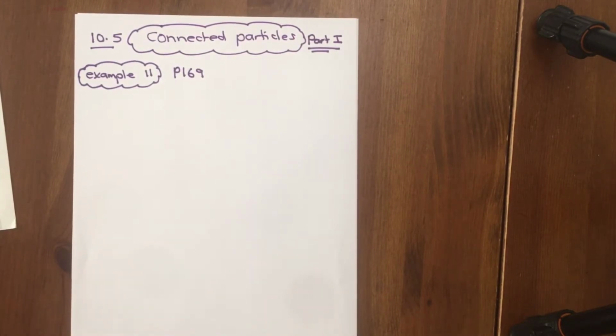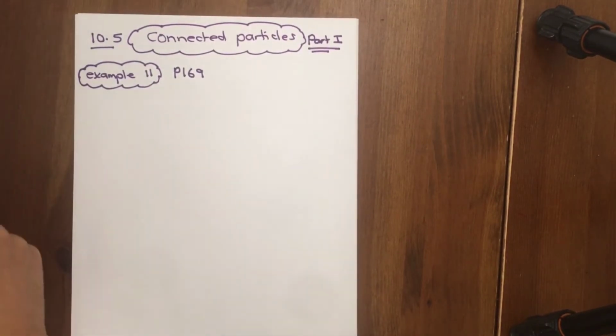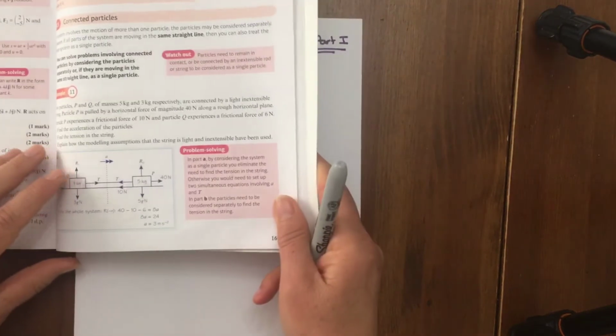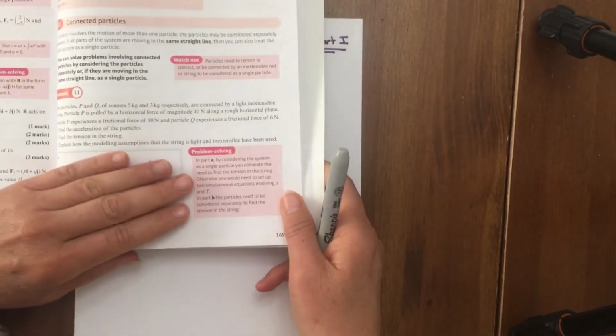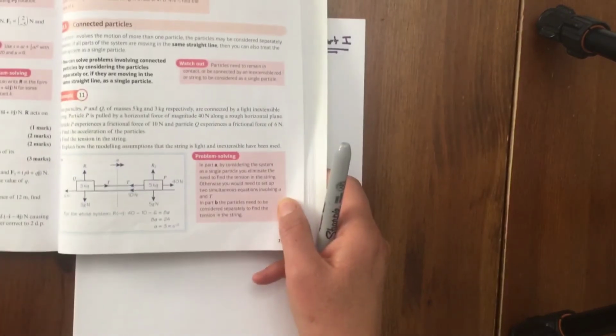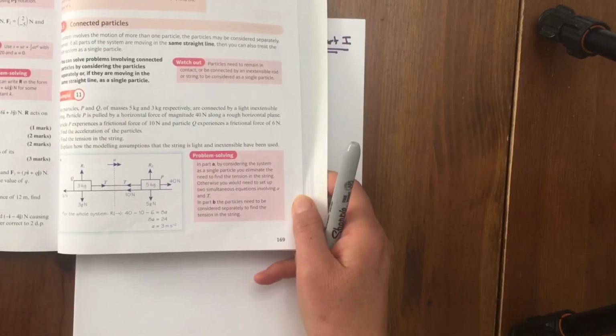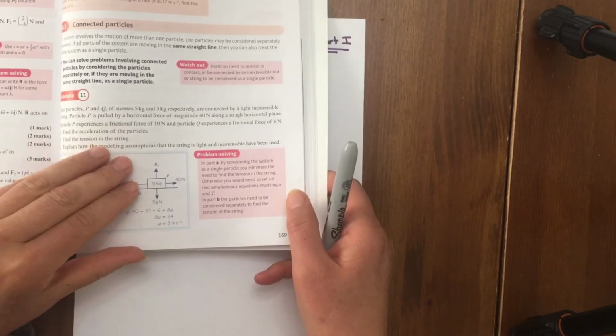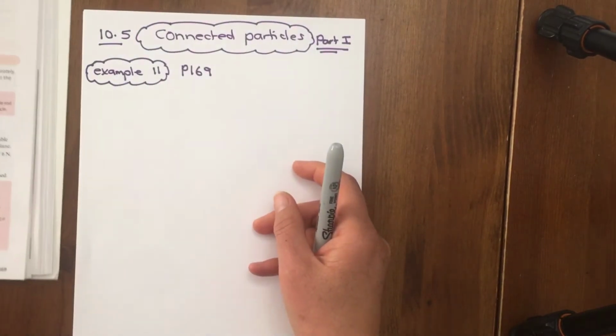So, to begin with, I'm going to go through in detail example 11 on page 169, this example here. So, if you have that opened up in front of you, I'm going to draw the diagram for this example.